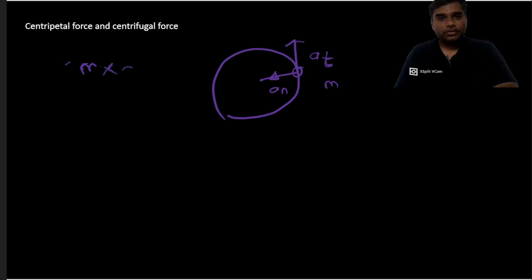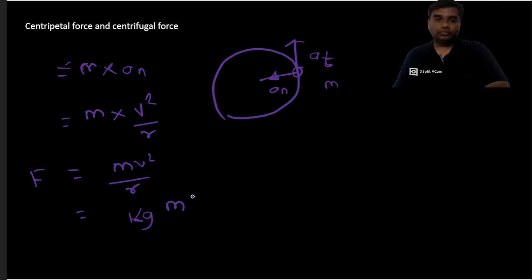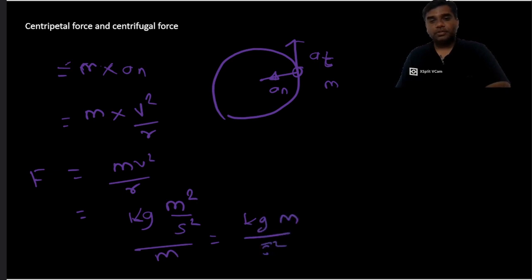Suppose we multiply this acceleration by mass, m into v square by r, and this is nothing but a force. Kg meter square per second square upon meter gives kg meter per second square, which is the Newton.